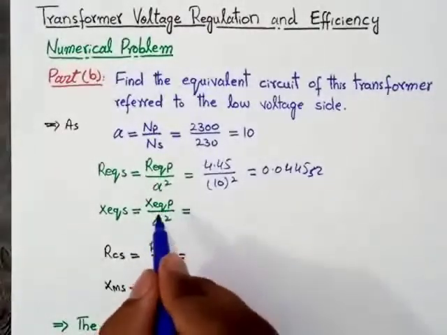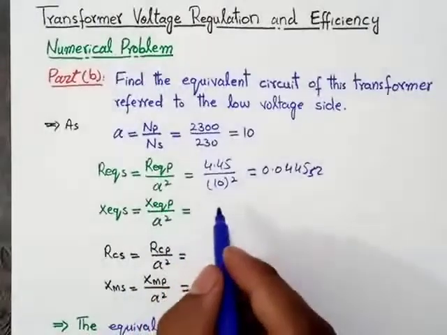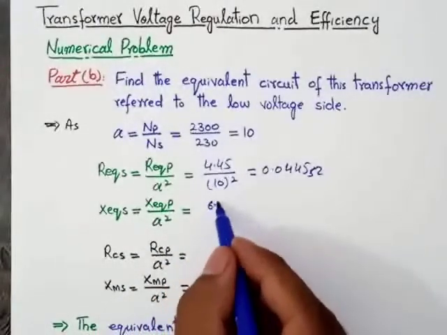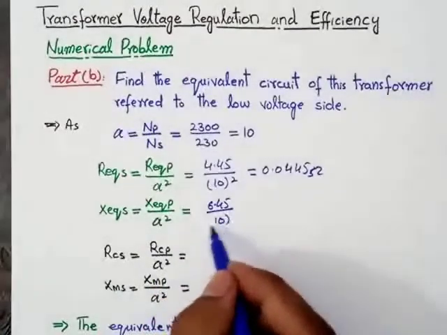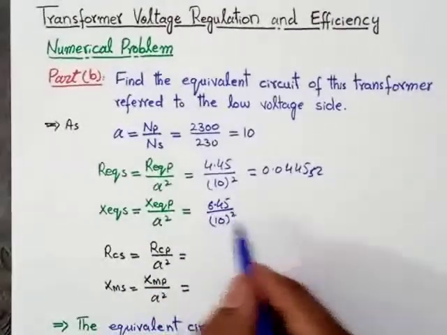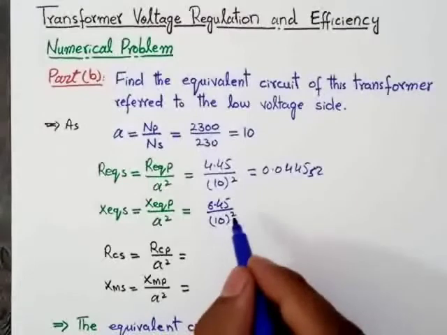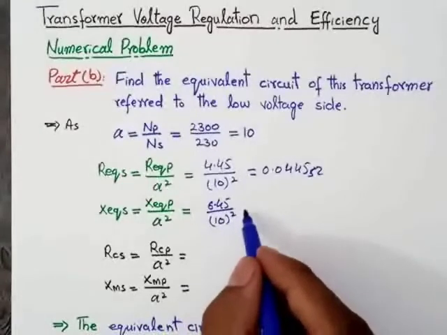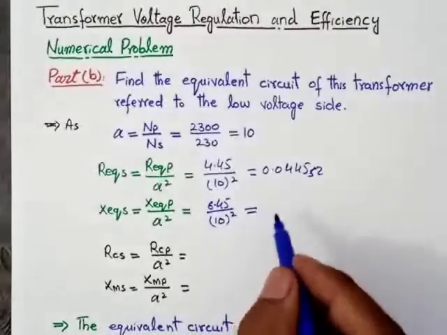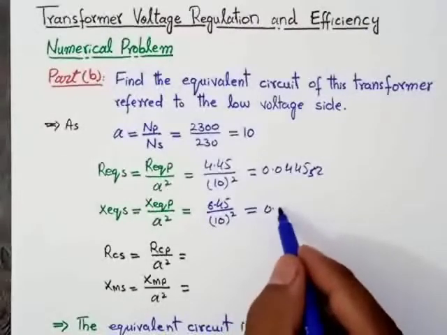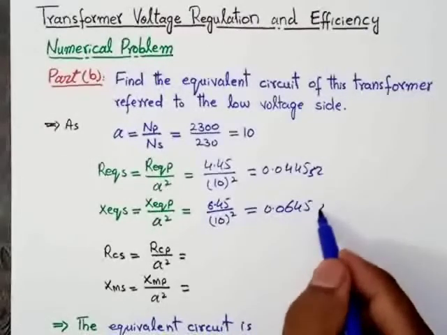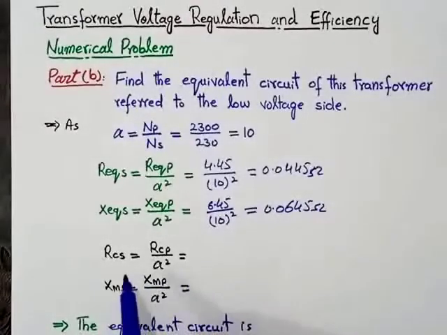Putting the value of X equivalent primary, 6.45, divided by 10 squared, and after solving, the final answer is 0.0645 ohm.